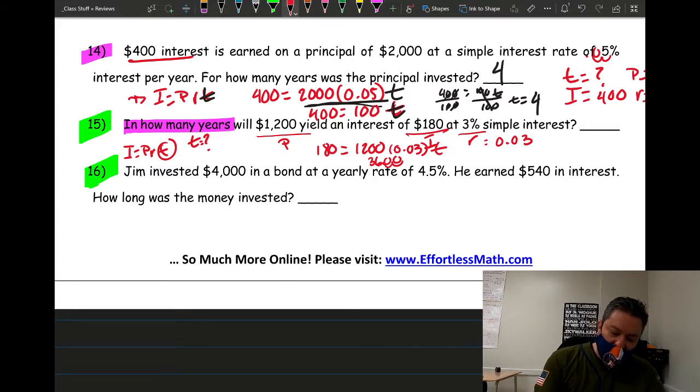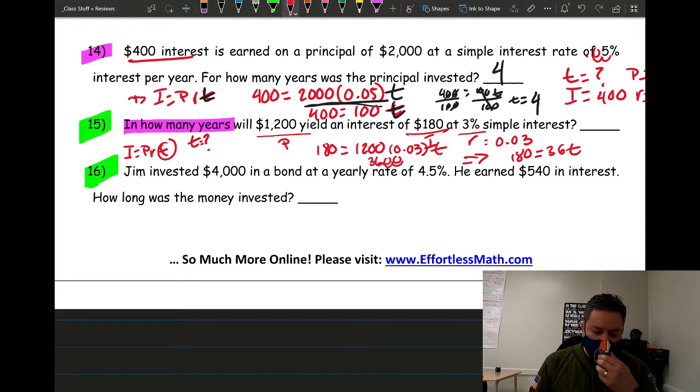So the new equation is gonna be 180 equals 36T. And then, because these two are multiplying, you gotta divide by 36 on both sides. And when you do that, you're gonna get time equals 5 years.